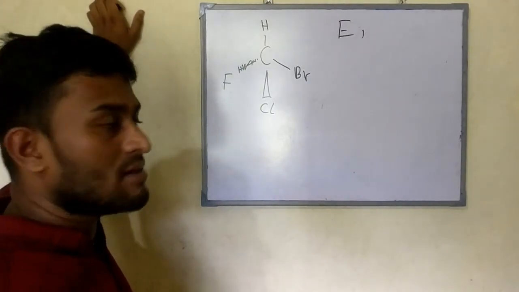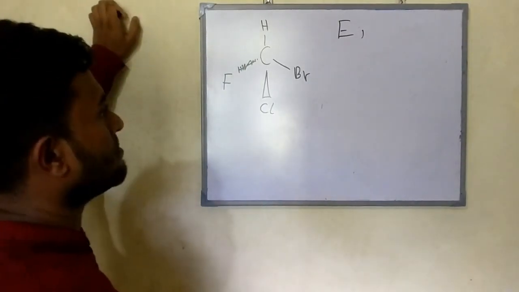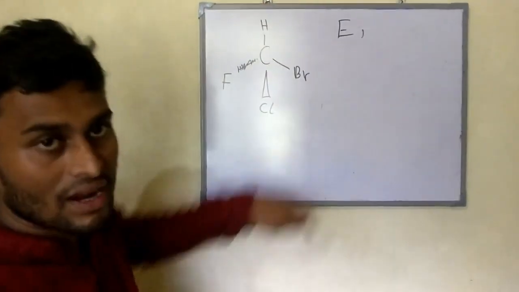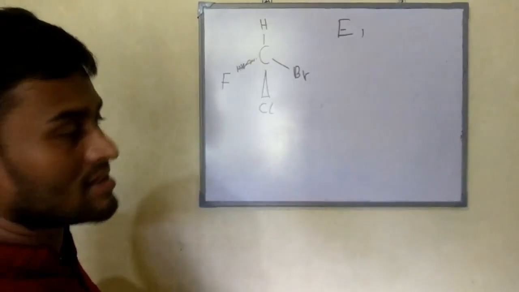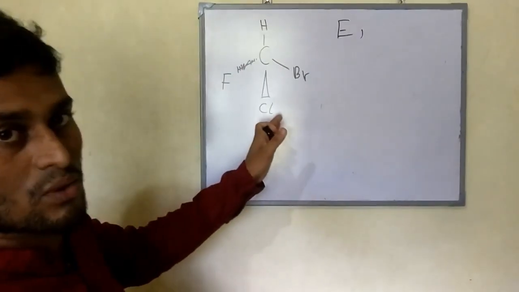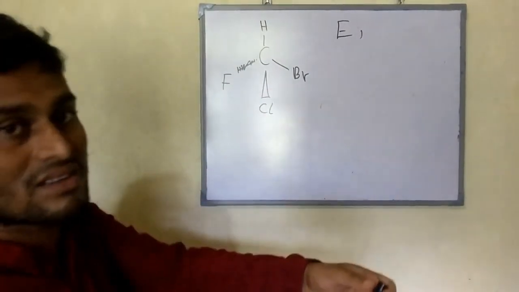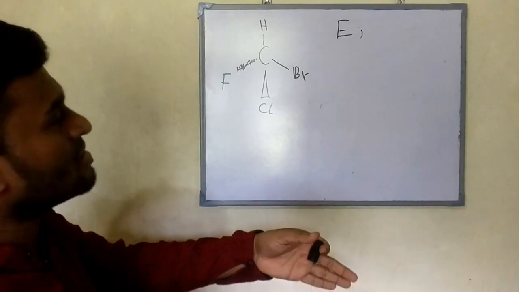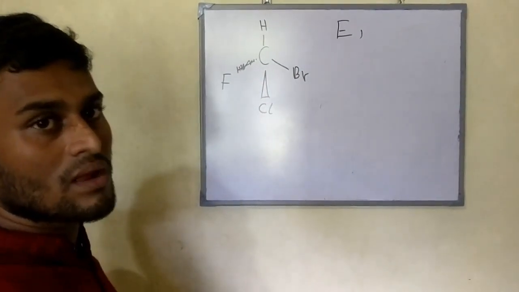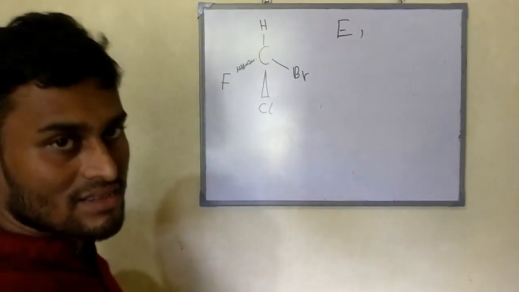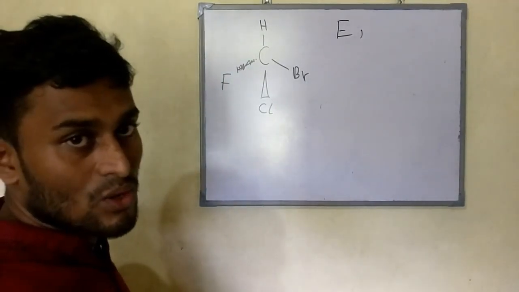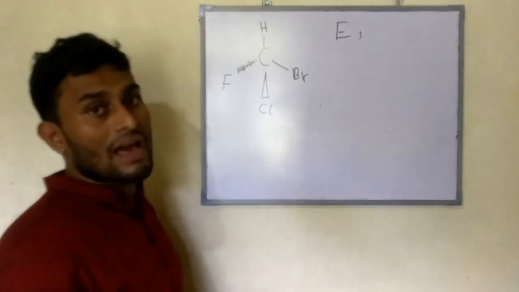Then you want to see the rotation axis of symmetry. Here this is a tetrahedral molecule and all the atoms are different from each other. If you rotate the molecule, what happens? The configuration of the molecule will be changed. So you can't rotate the molecule about a particular axis. So the axis of rotation is absent.